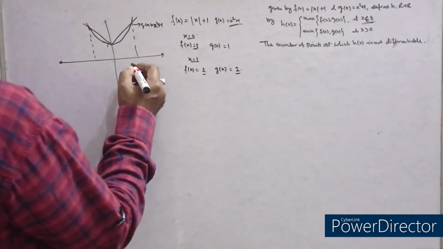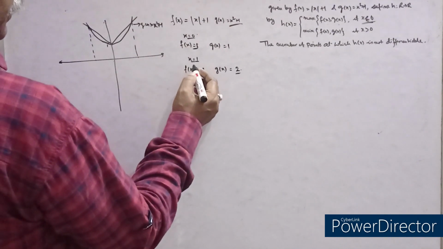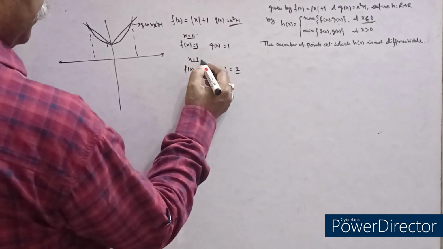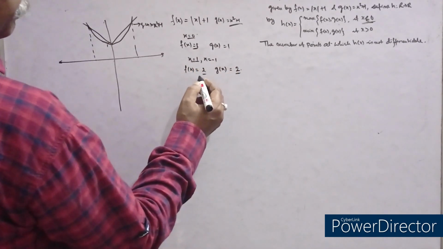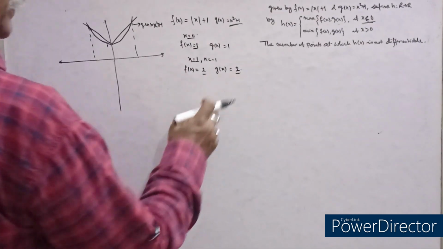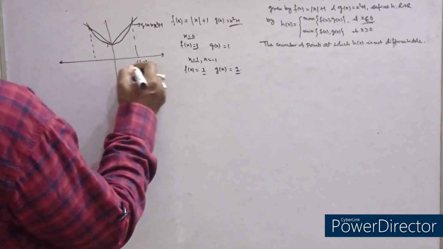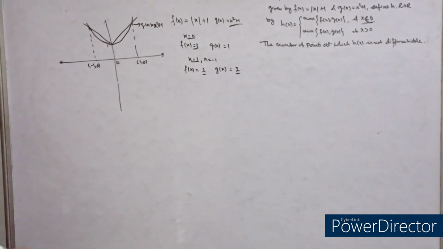So here for x equal to −1 also it will be the same, and for 1 also it will be the same. So this point is (1, 0), this is 0, and this is (−1, 0).